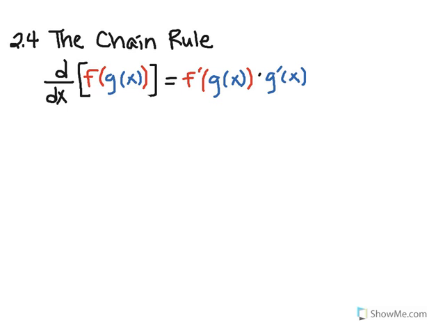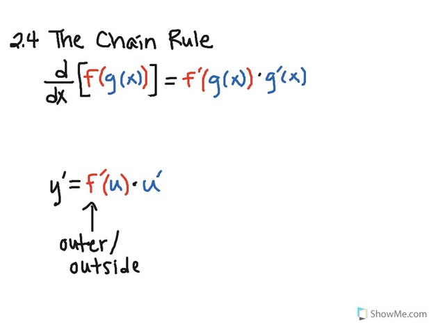Now this is using Leibniz notation. Let me write it out using Newton notation and maybe you will see the difference. Okay, so here's Newton notation. All the chain rule says is take the derivative of whatever your f of x function is, which is also known as the outside function or the outer function.